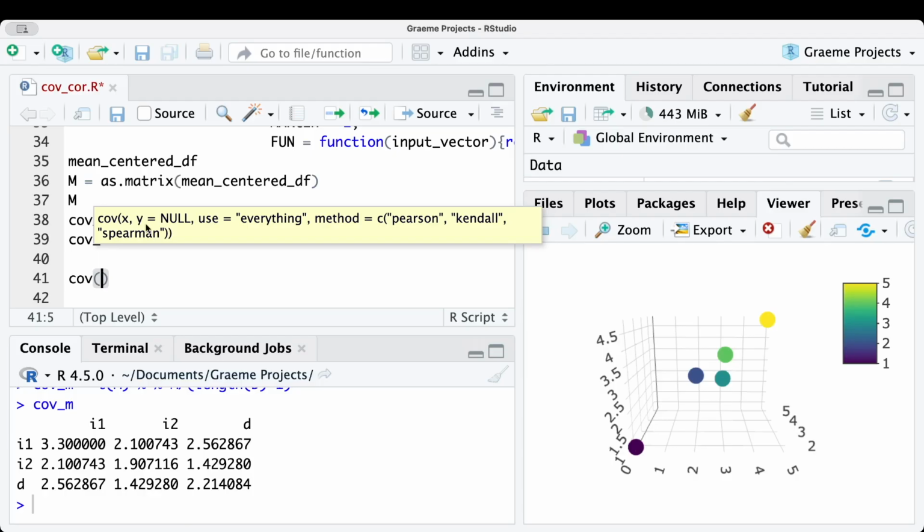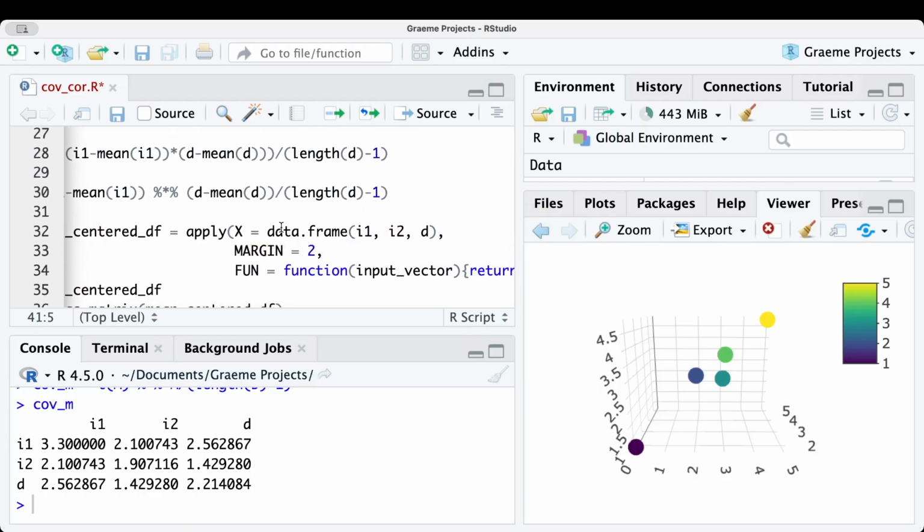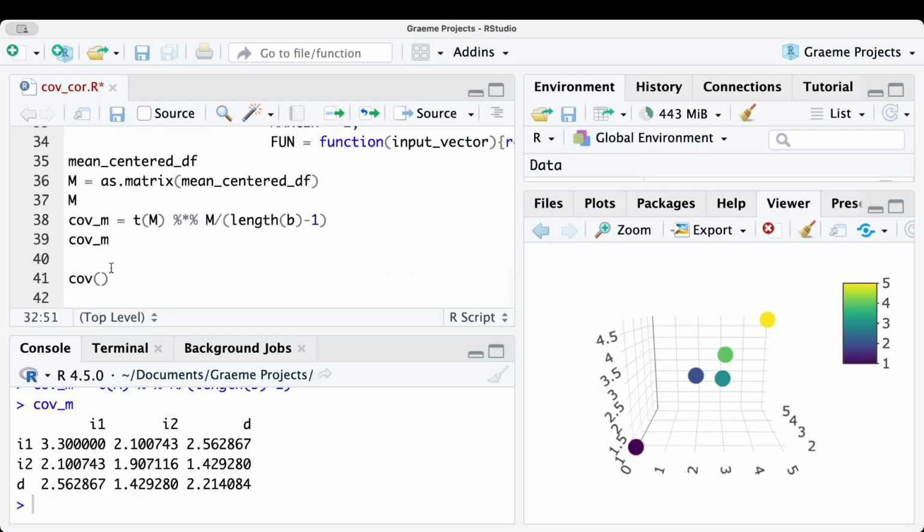We can use this same data frame that we defined in our apply function. We hit enter, and it gives us the exact same thing, minus all of this work.